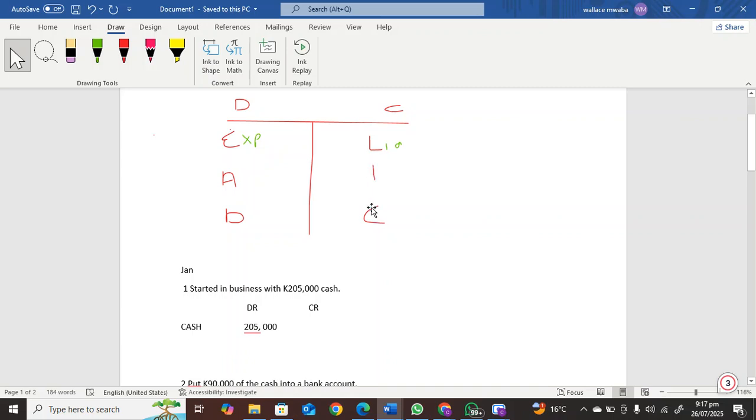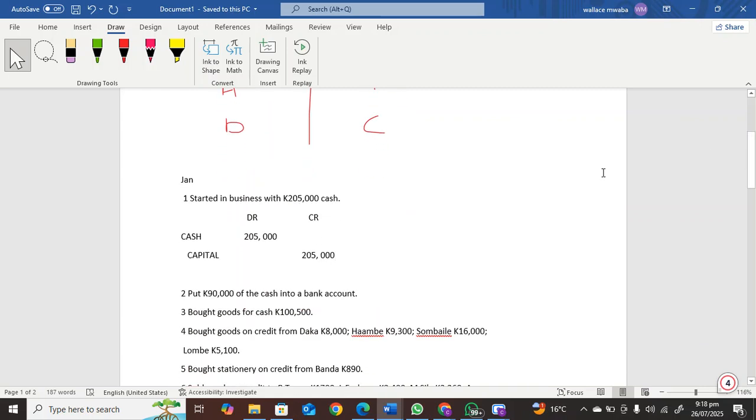So capital increases with credit. Yes. Any questions? Okay. We move to the next transaction.